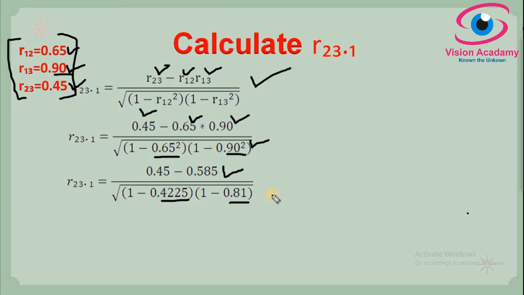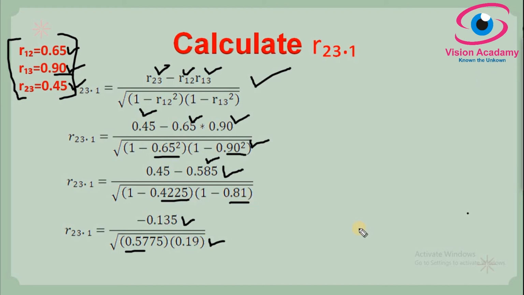In the next simplification, in the numerator, the negative value is the highest value, so when we subtract 0.45 minus 0.585, we get minus 0.135. In the denominator, 1 minus 0.4225 is 0.5775, and here 1 minus 0.81 will be 0.19.